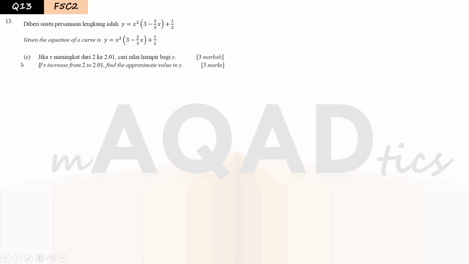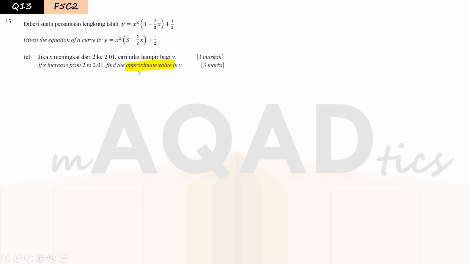And for part C, here it says if x increases from 2 to 2.01, we need to figure out the approximate value in y. So this question means that if we increase x slightly from 2 to 2.01, of course the y value will change, right?